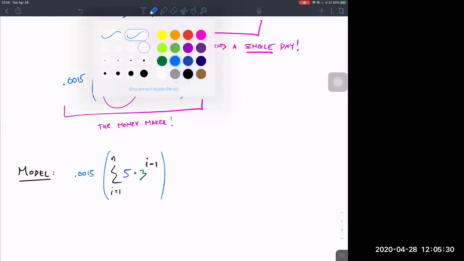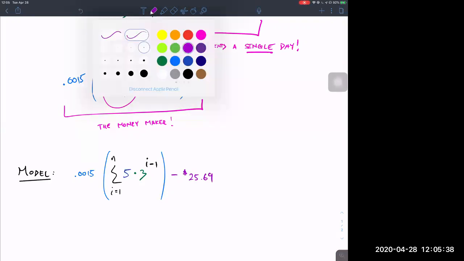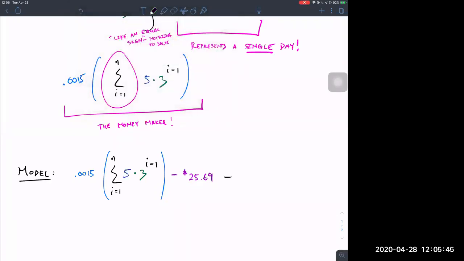We're going to subtract that lease, 25.69. And then I didn't show it here, but again, if anyone needs to see it, just let me know. Then you have the one-time payment of, what do I have here? 36,000. 536.70. Again, this is your base model.